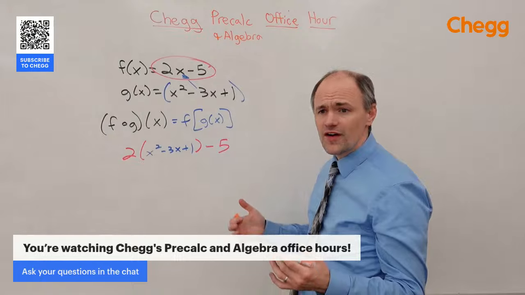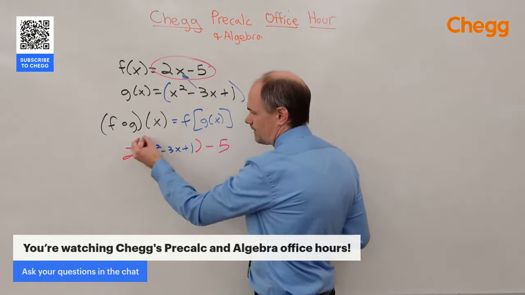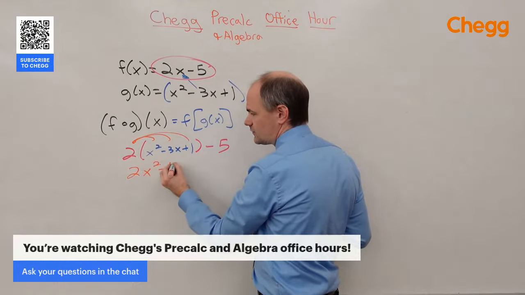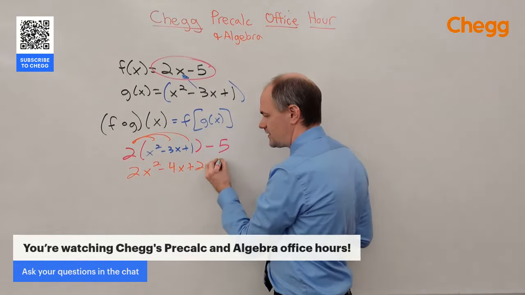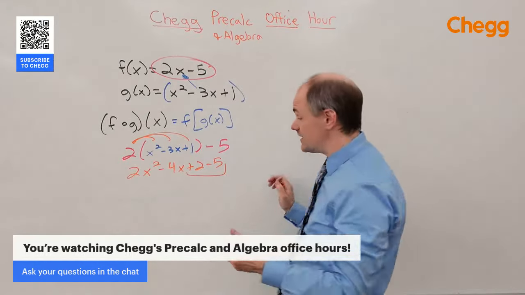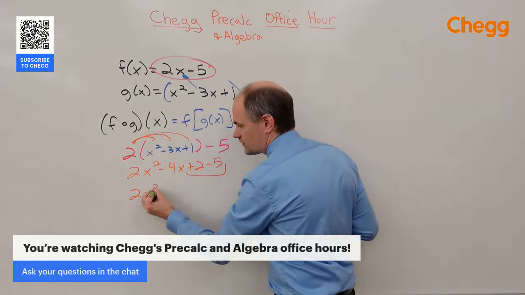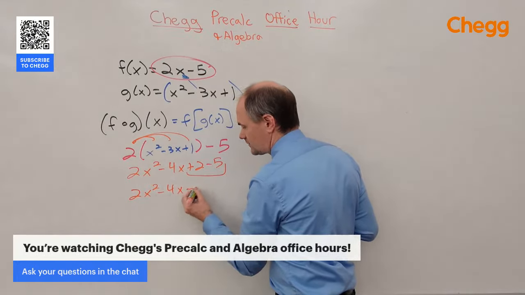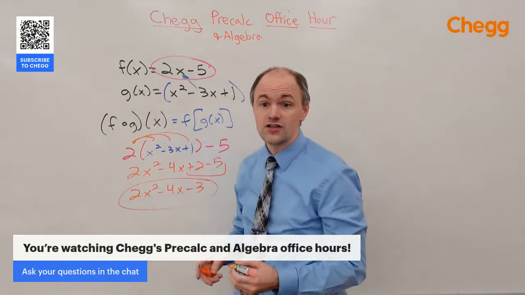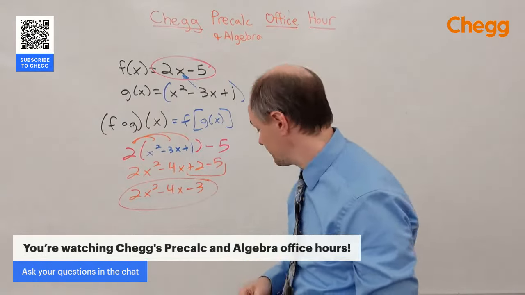We can do a little simplifying just to clean it up. Distribute through: 2x squared minus 4x plus 2 minus 5. Let's combine like terms at the end to get a final answer of 2x squared minus 4x minus 3. And this is what f of g of x is equal to.